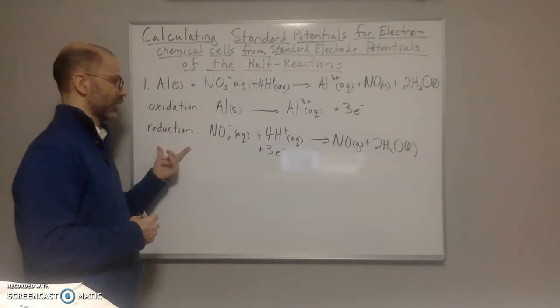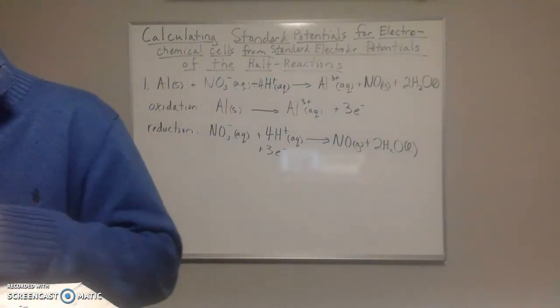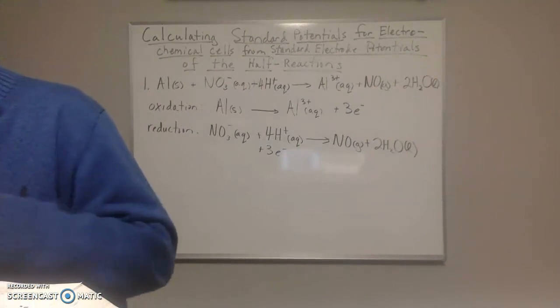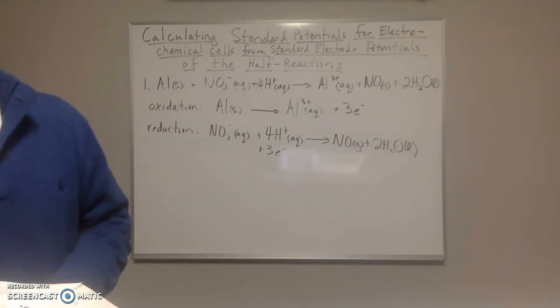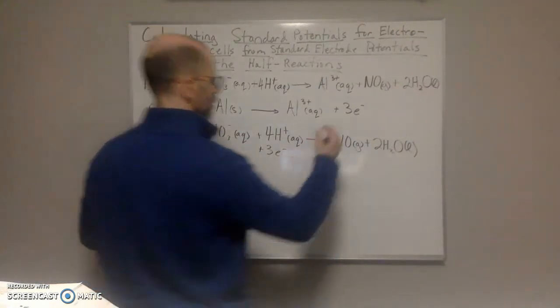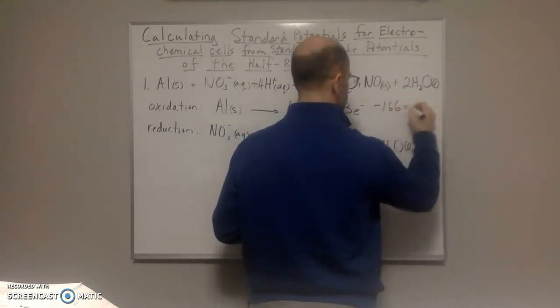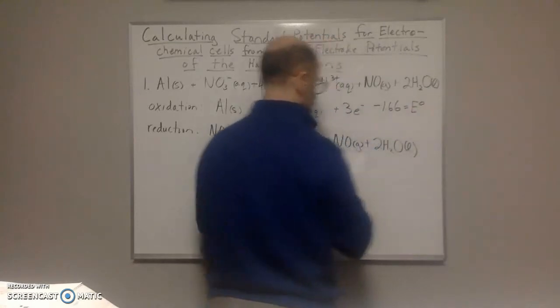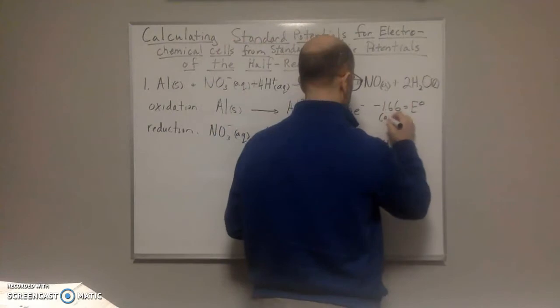for the oxidation and reduction. So if we look that up in the table, you'll find that the oxidation, which happens at the anode, is -1.66. That's the electrode potential for the anode.